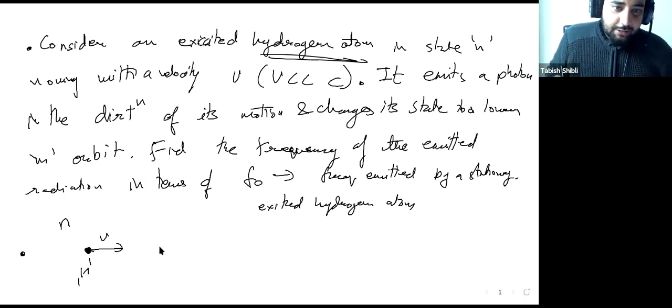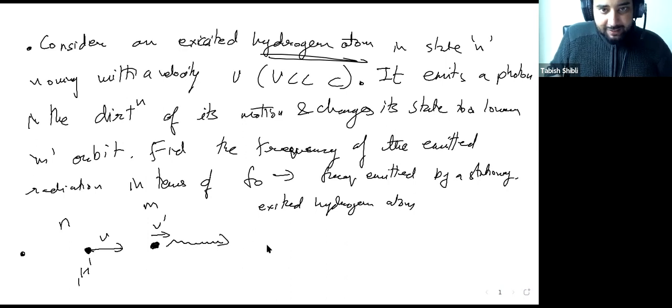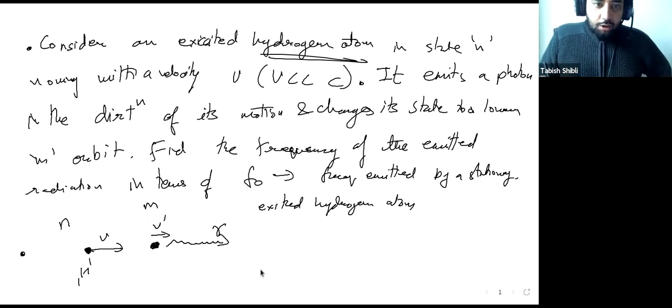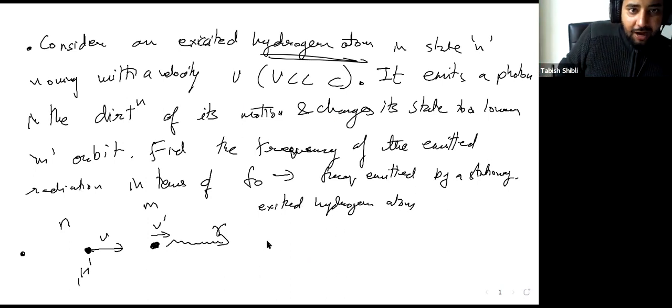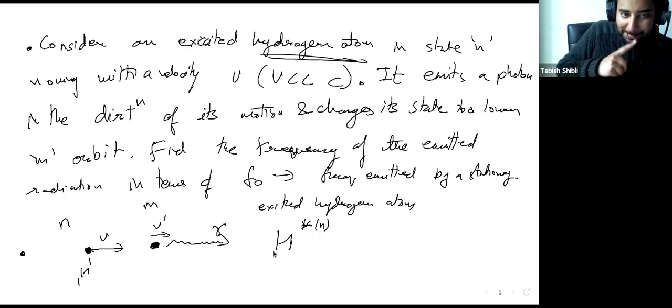What happens after some time is that it decays. So it's again moving at some velocity, let's call it v prime, and it comes down to a state m such that it releases a radiation in this direction. So there's a gamma that is being released in this direction. So what's the equation like? You have hydrogen in the star n state, hydrogen 1 1.